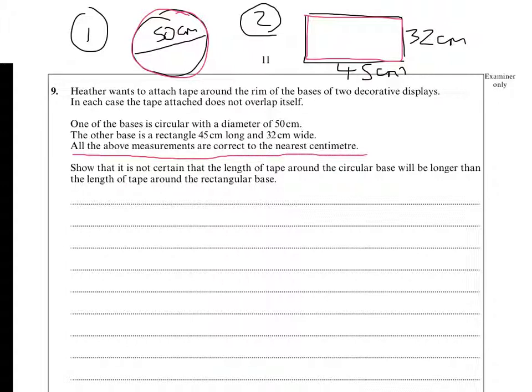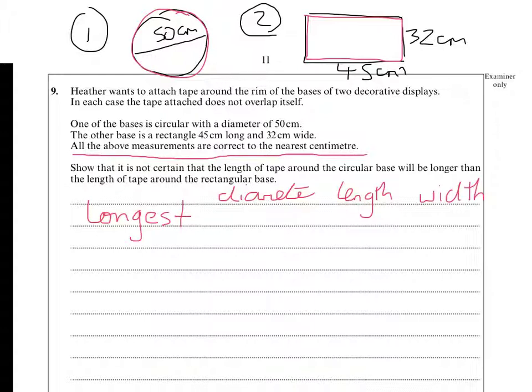So that means if we wanted the longest each of them could be, so the longest for your diameter, and let's say the longest for your length and width then of your rectangle.